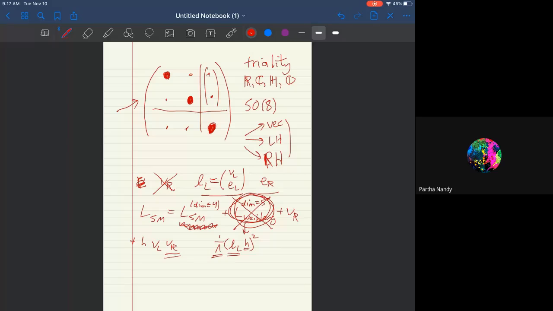Now, another independent topic that I'm interested in has to do with making theories that are locally conformally invariant, where you gauge conformal invariance.